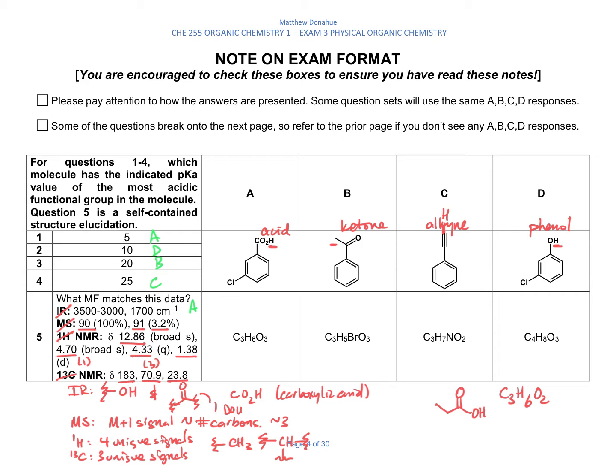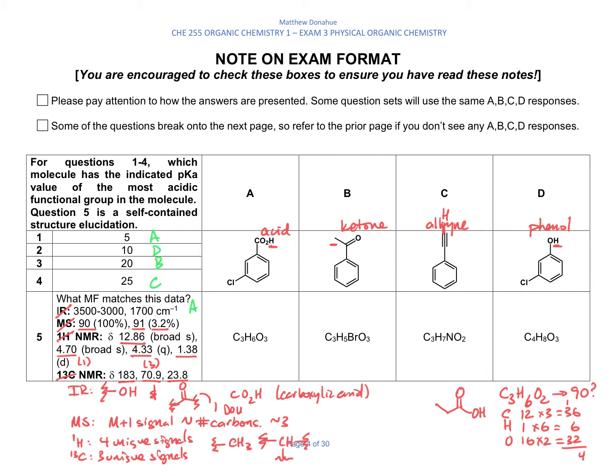So let's see if that gets us to 90. So does this equal 90? So let's do the addition here. C, H, O, so 12, 1, 16, times 3, times 6, times 2: 36, 6, 32. So we do the addition here. 12 plus 2, 14.